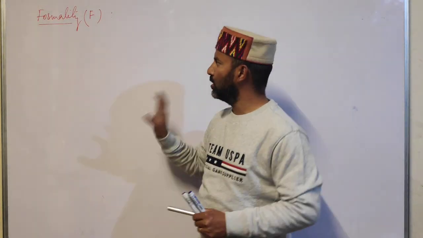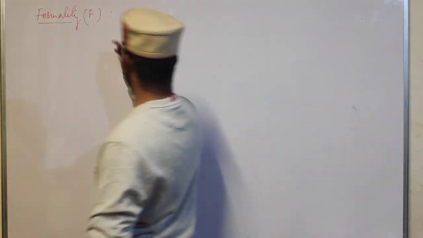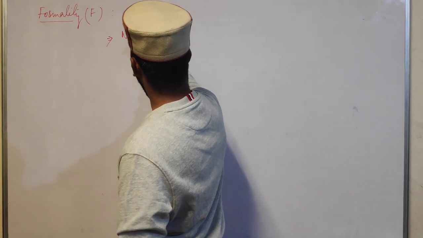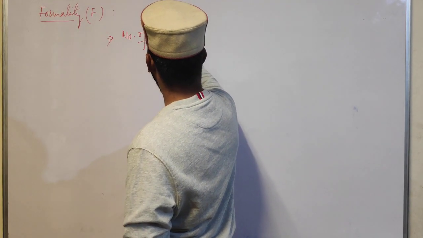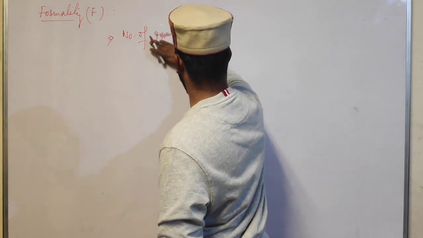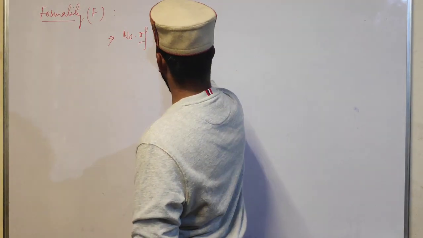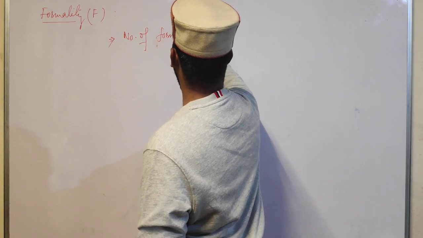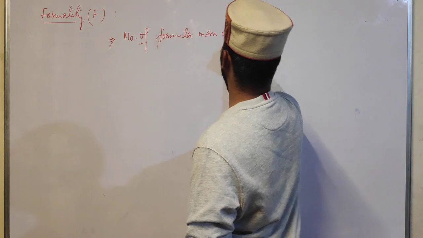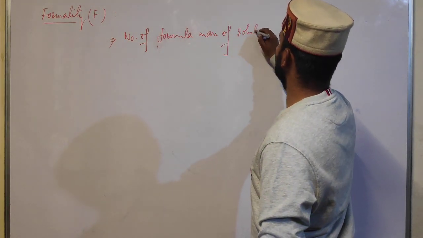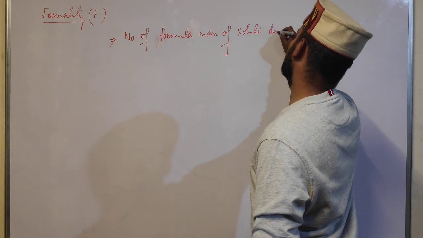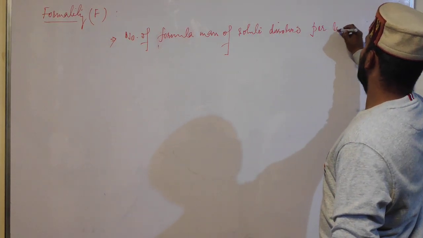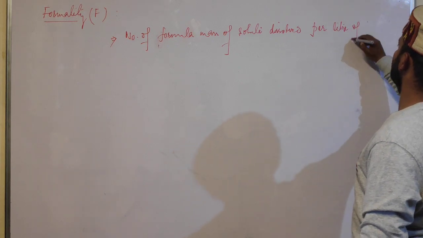But students, formality actually क्या है वो भी कर लेते हैं. So students, formality is actually number of gram formula, or simply it is number of formula masses of solute, that is ionic solute, dissolved per liter of solution.